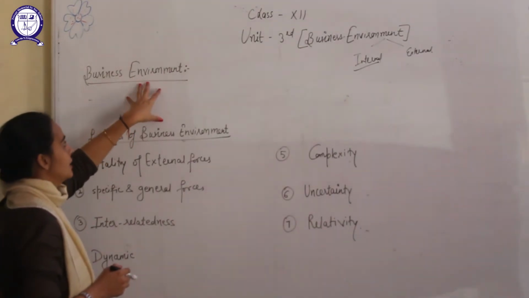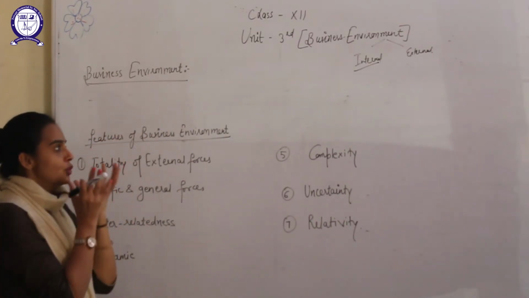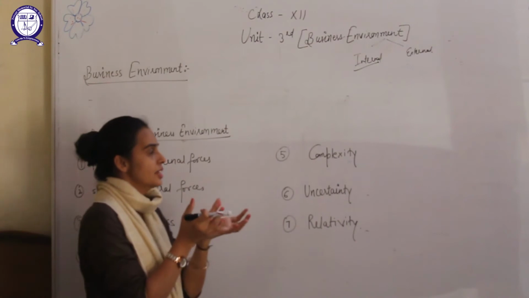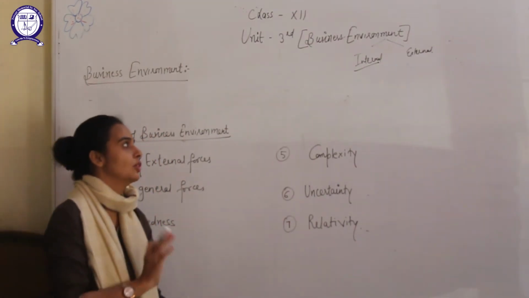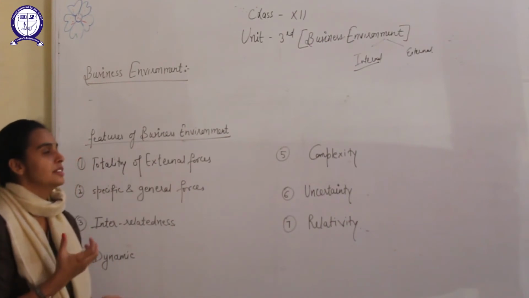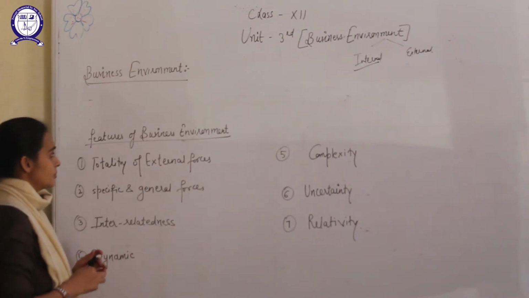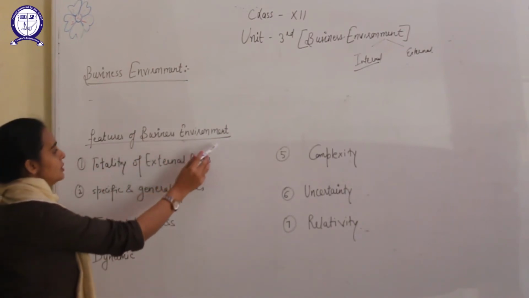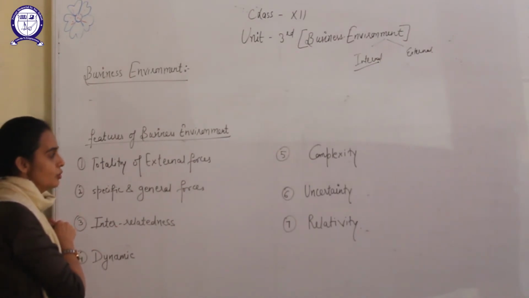Again I am repeating, business environment means the totality of the external forces and institutions which lie outside the organization and affect the functioning of the organization. Clear? Now the features of business environment. First is the totality of external forces.